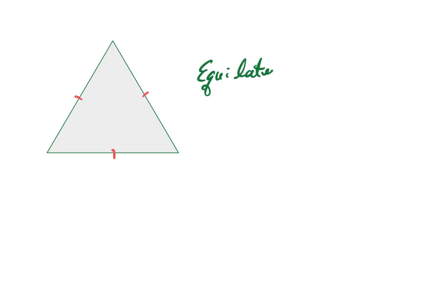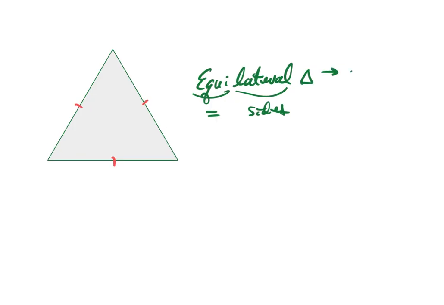A triangle that is equilateral: the prefix means equal, and the word lateral means sides. An equilateral triangle is just going to be a triangle with 3 equal sides. Okay?